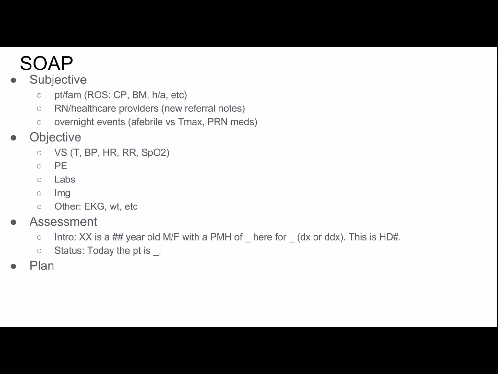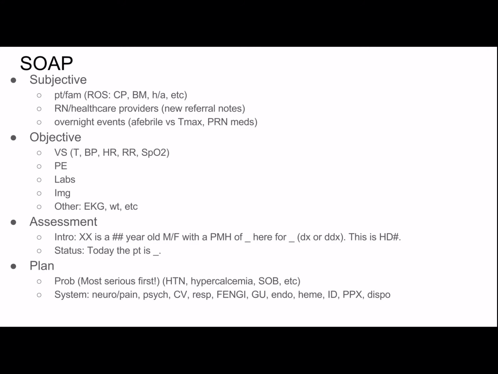Next, we look at the plan. This can be done by listing each problem that the patient has. So you want to list the most serious problem first. So examples of different problems can be hypertension, hypercalcemia, shortness of breath, or you can list the plan by system.